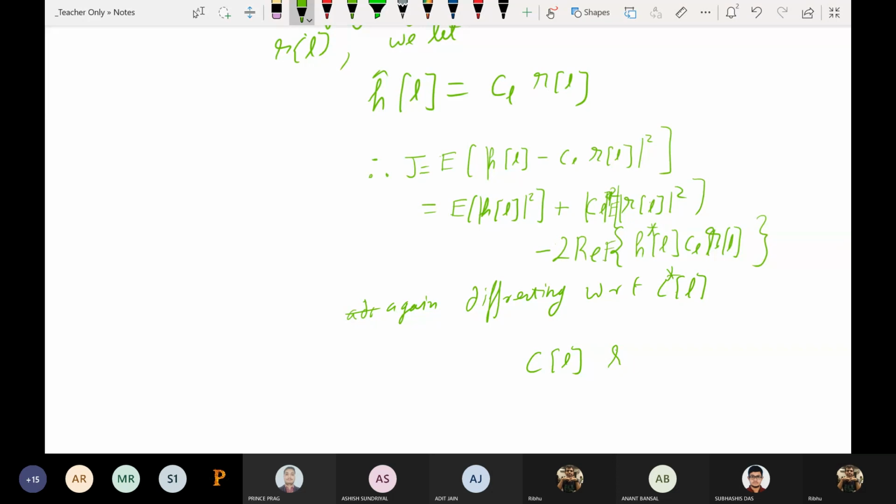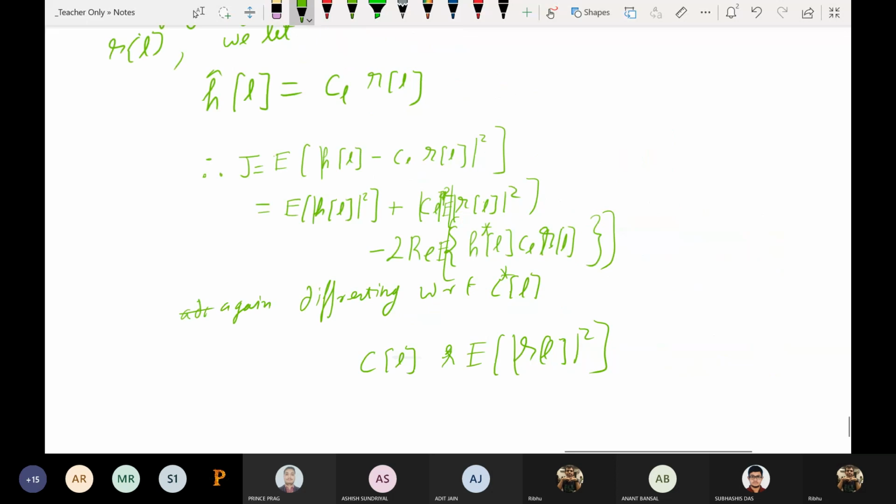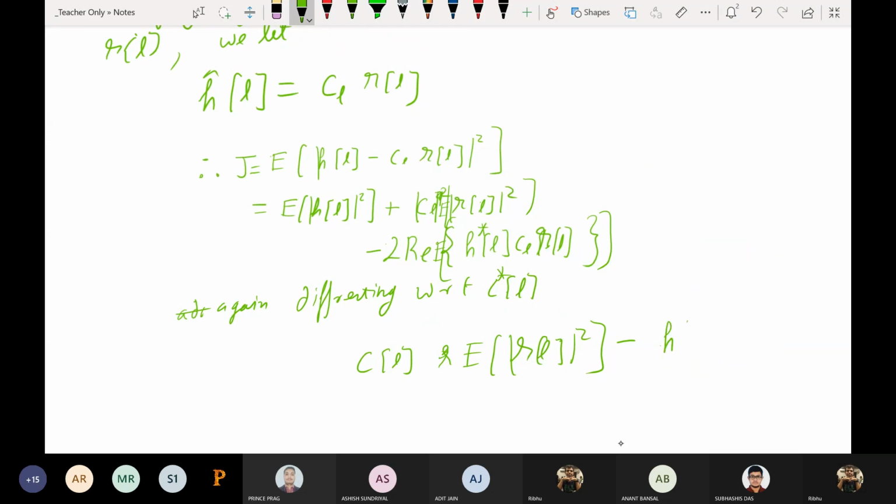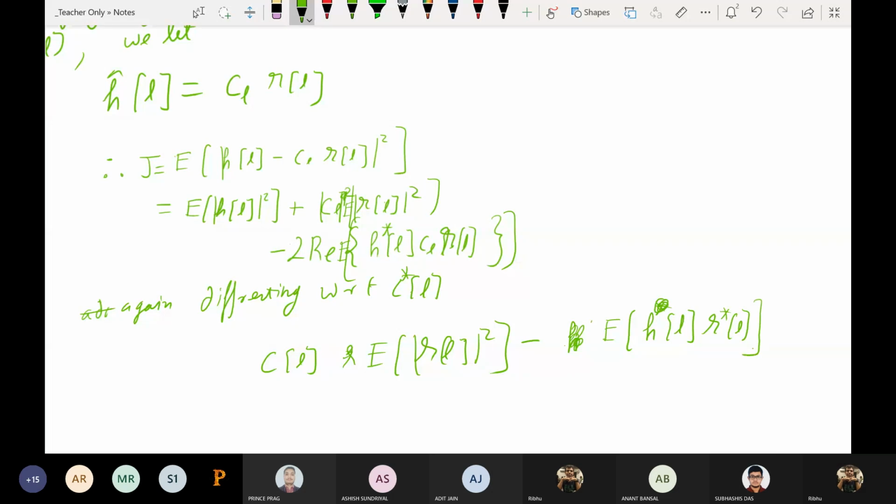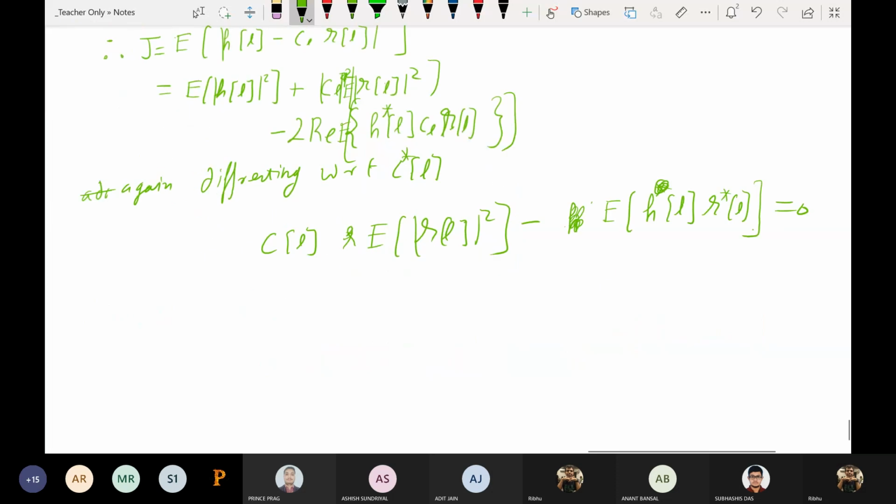CL, sorry, the CL expectation RL squared equal or minus expectation HL RL conjugate equals 0, or CL equals HL RL divided by this.